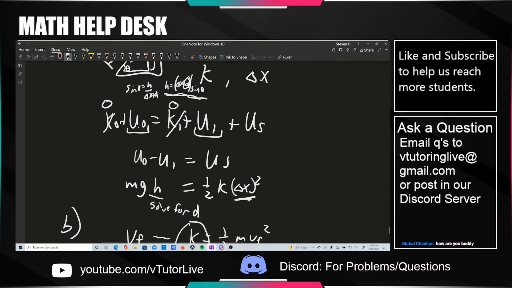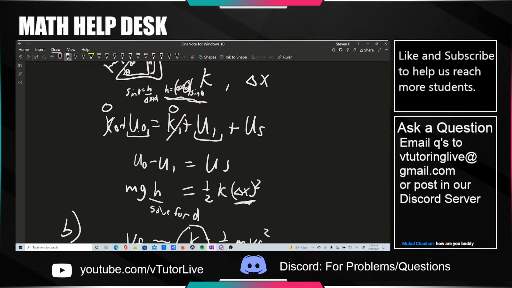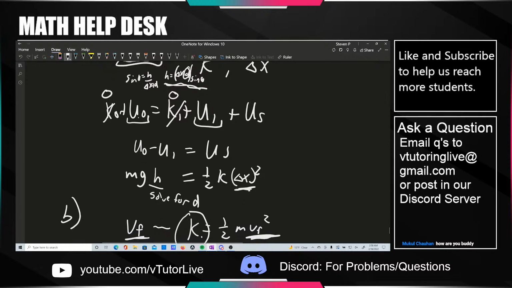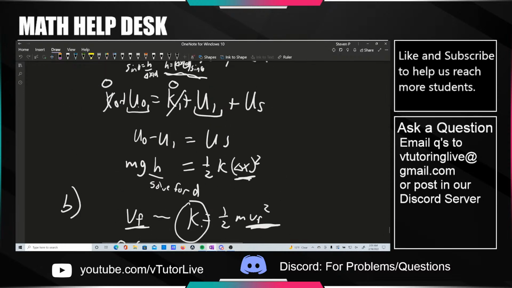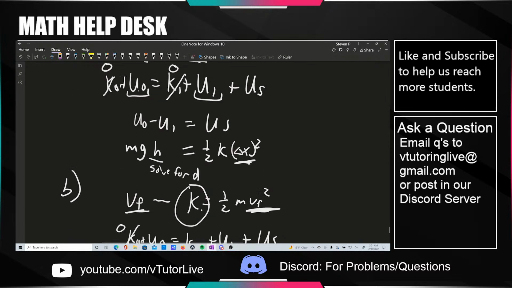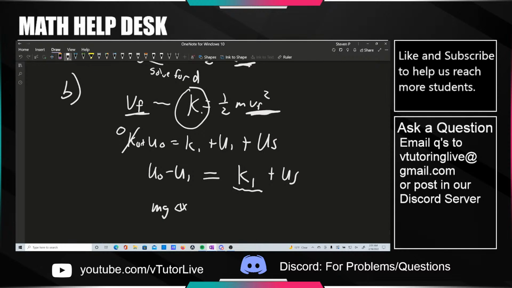It's just not going to be the same h as before because delta x is going to be an unknown value we're solving for. But that's going to be equal to K1, which is what we're trying to maximize, plus Us. So then this turns into mgh, or I'm going to rewrite h now as (delta x plus d) sine theta.